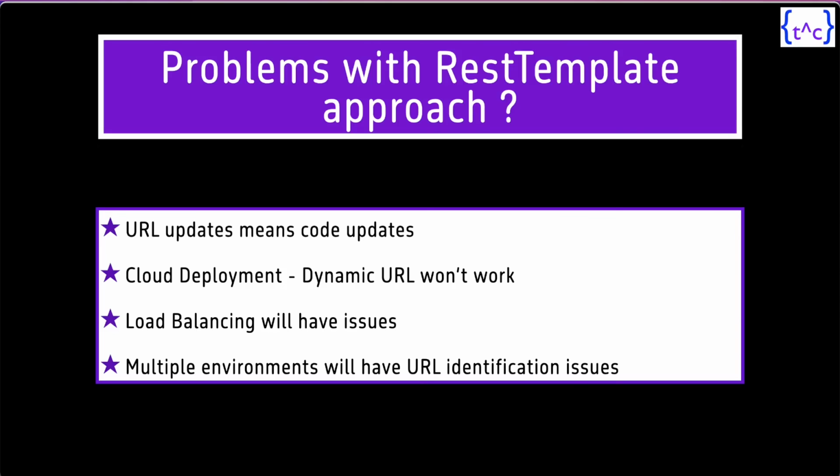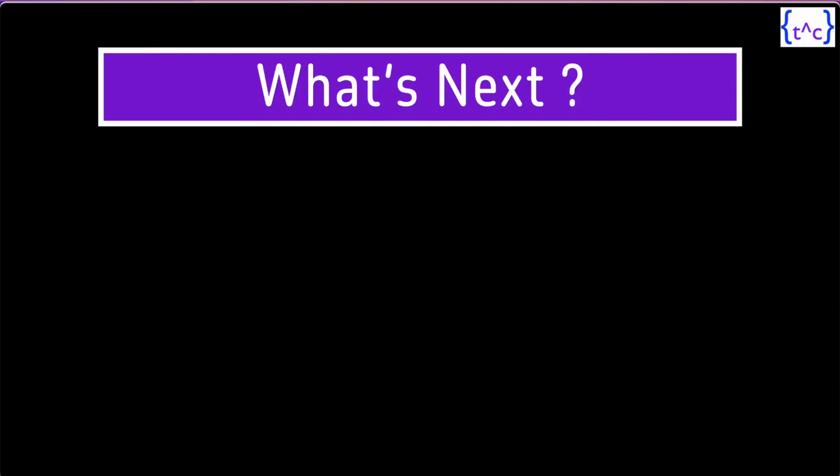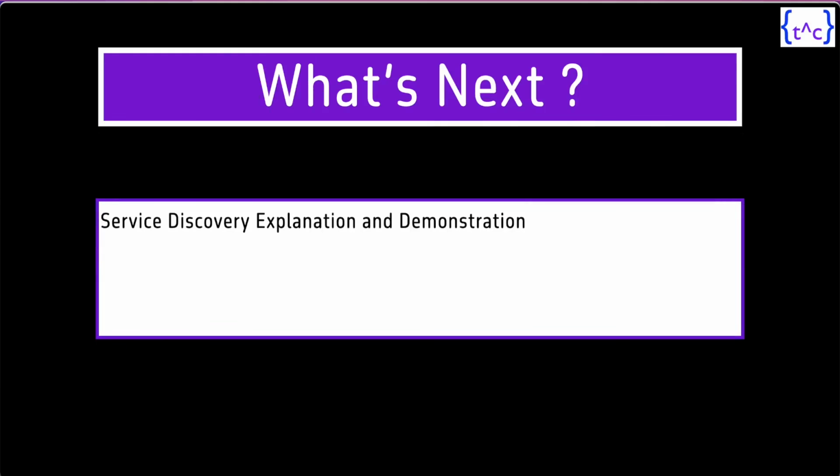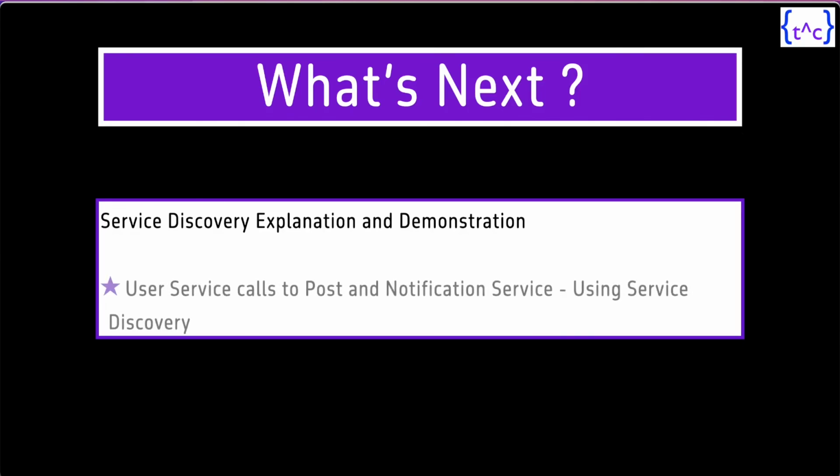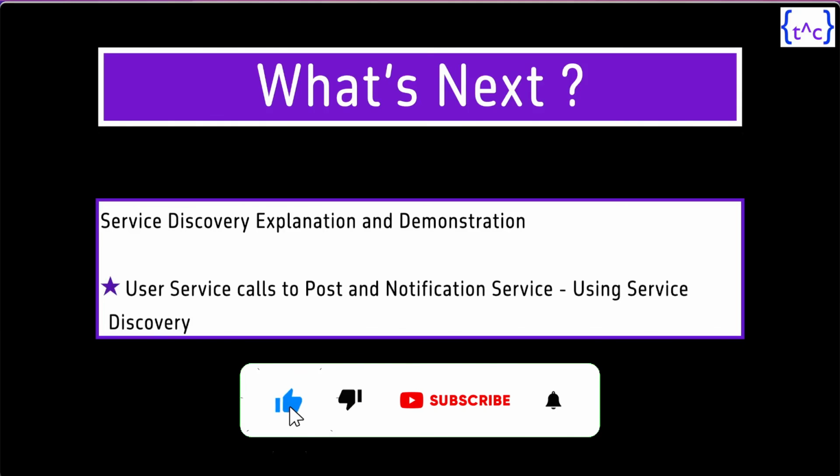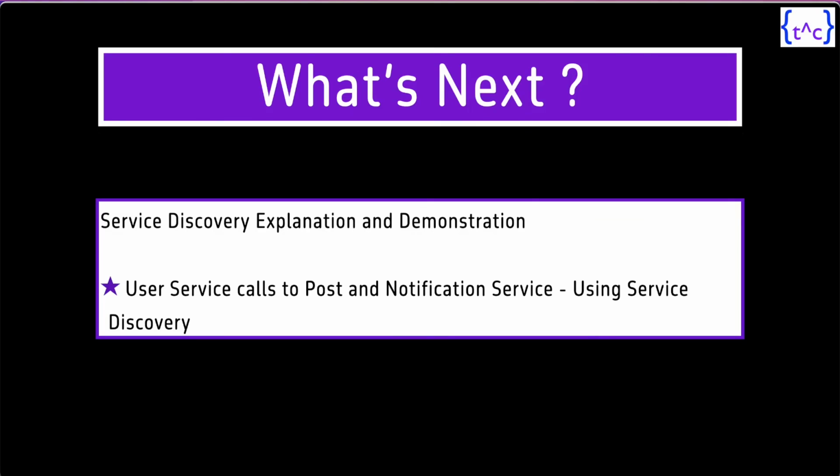So that will bring us to the next point, that is the real world microservices pattern, which we will be applying in order to make this inter-service communication possible, and that is called service discovery. In my next lecture I will be discussing the service discovery pattern with a detailed explanation and demonstration.